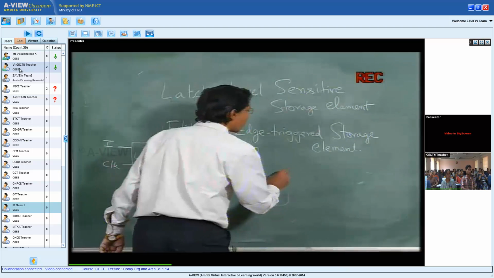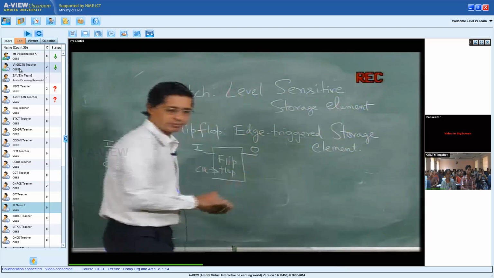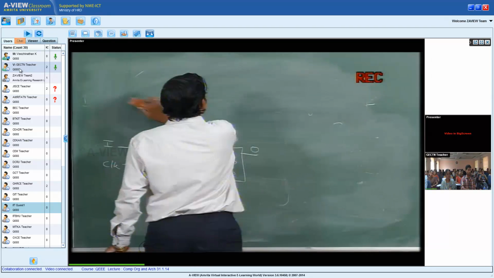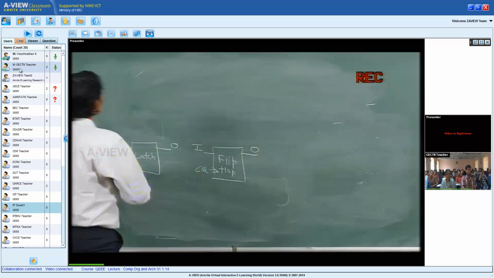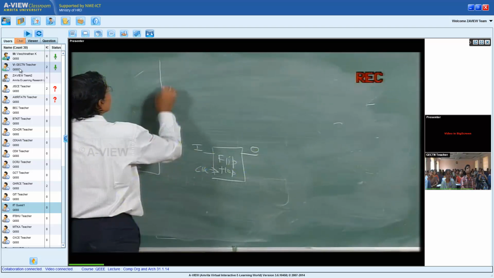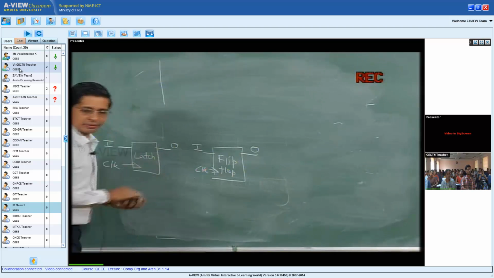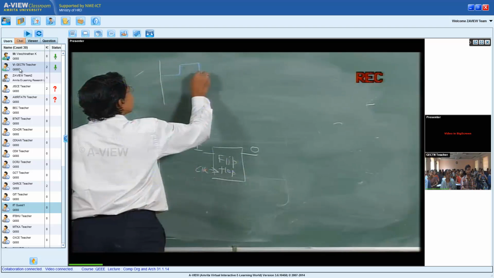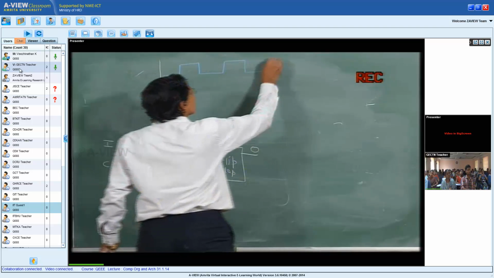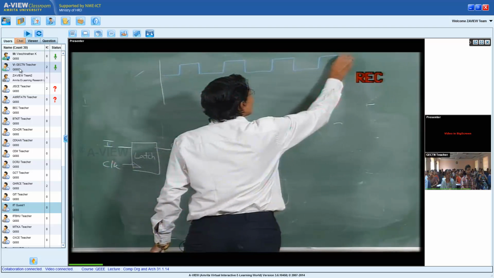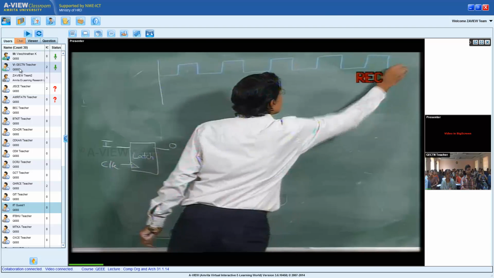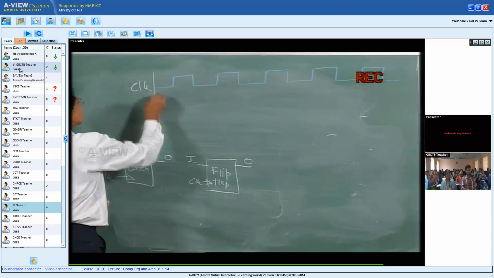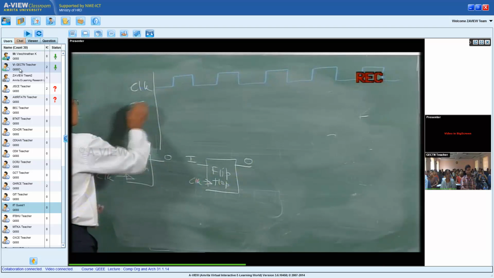Now let me draw the clock, and let me draw the inputs.